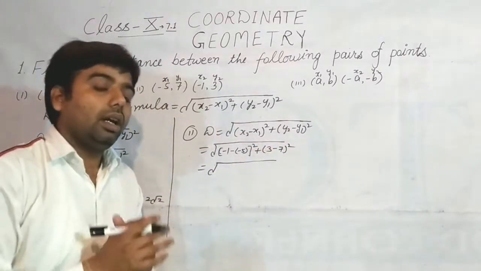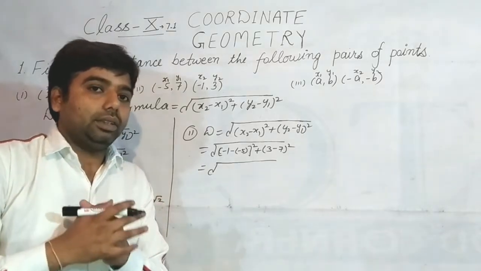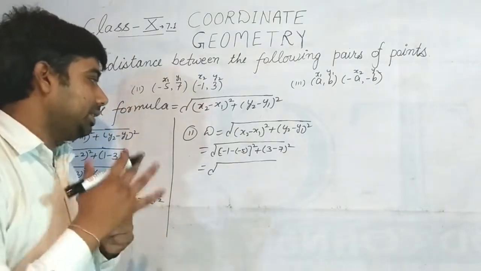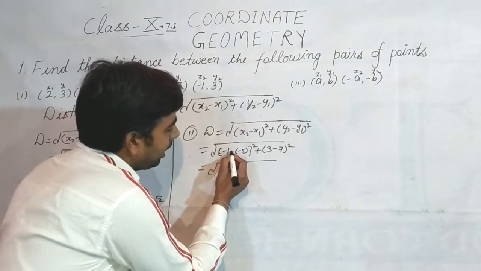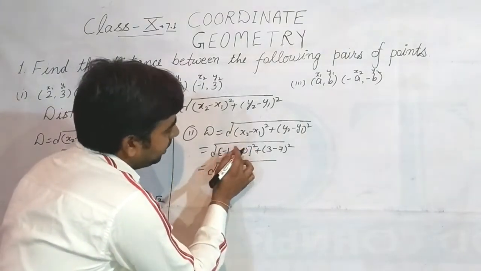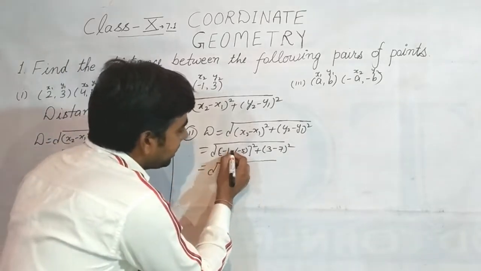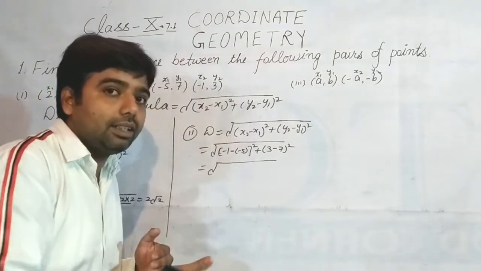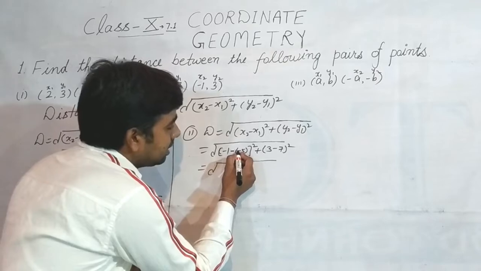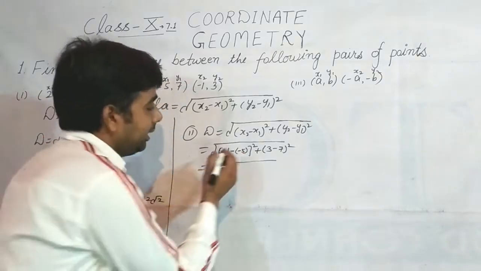Now in class 8 number system we have studied that if we are having minus in front of a bracket and we are opening the bracket, this minus will change the inner sign. What is the inner sign inside the bracket? It is minus and it is also minus.